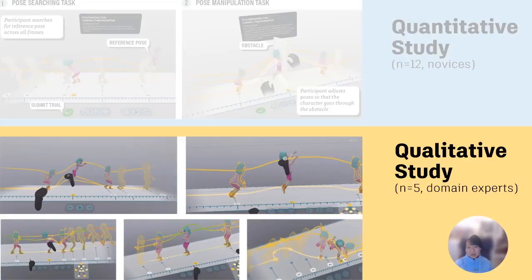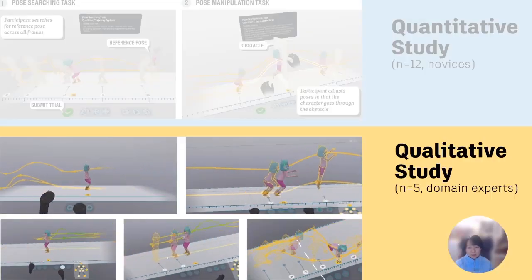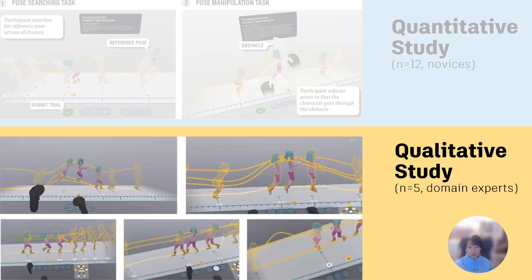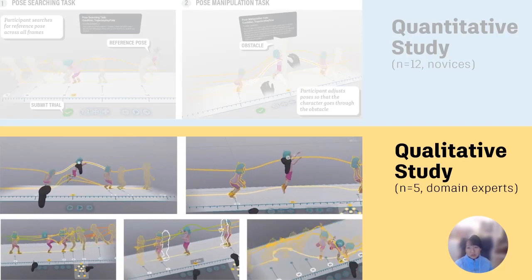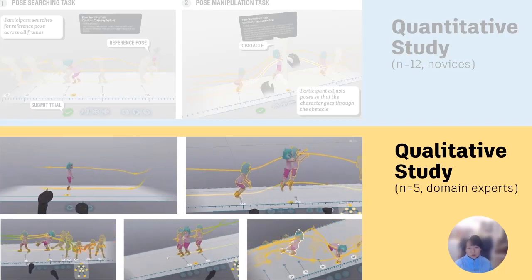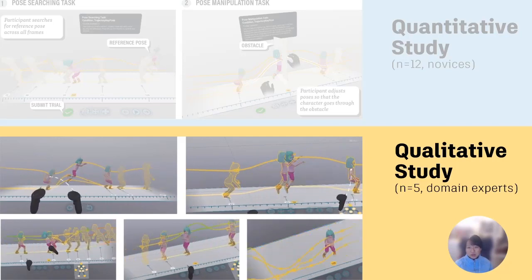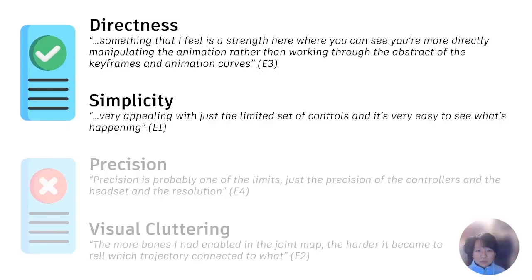In the second study, we provided 5 domain experts with a prototype and conducted a semi-structured interview to explore the strengths and limitations of using TimeTunnel for motion editing. From the interview, all experts mentioned the directness and simplicity as a strength of this interface.